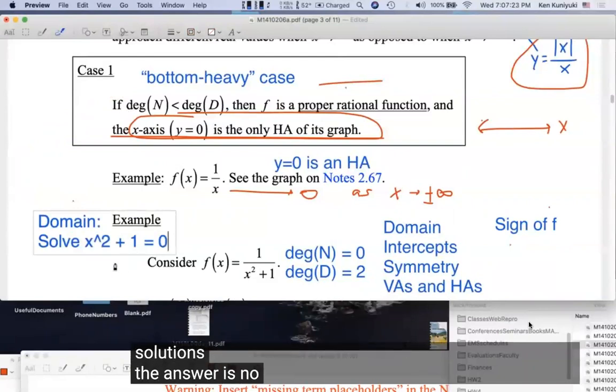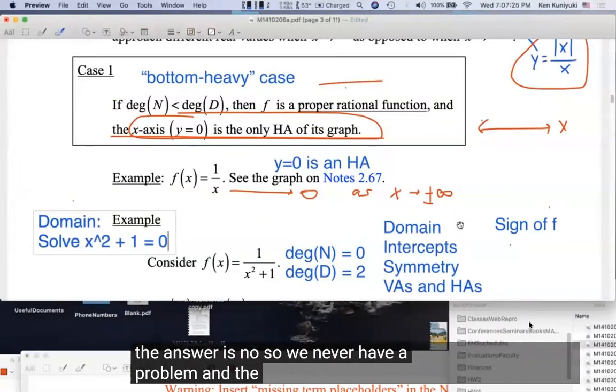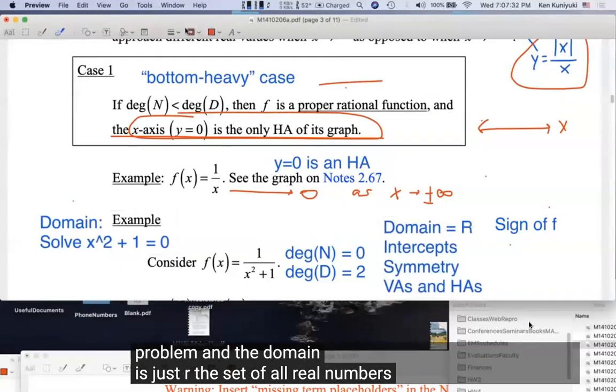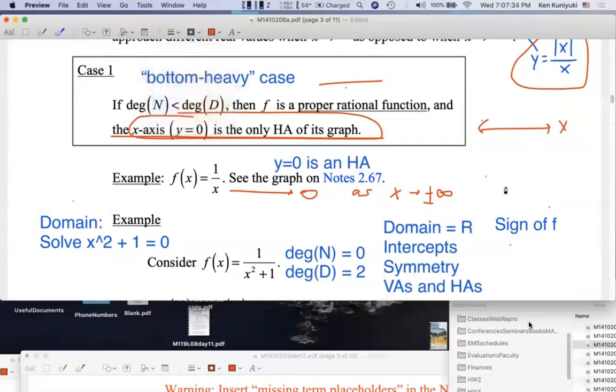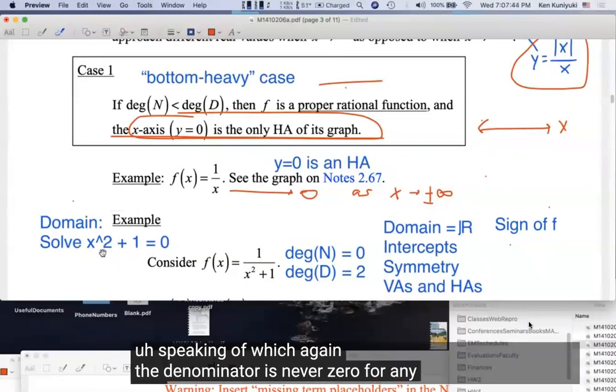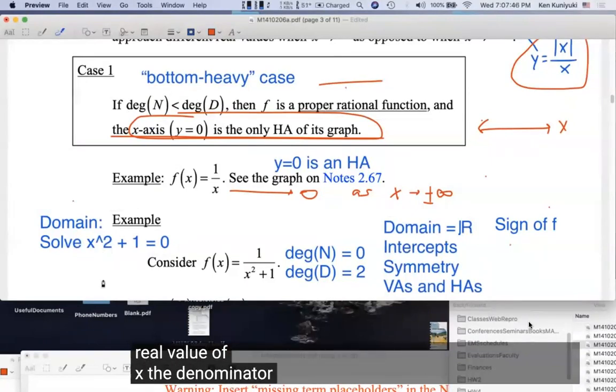The answer is no. So we never have a problem, and the domain is just R, all real numbers. Speaking of which, again, the denominator is never 0 for any real values of x. The denominator has no real zeros.